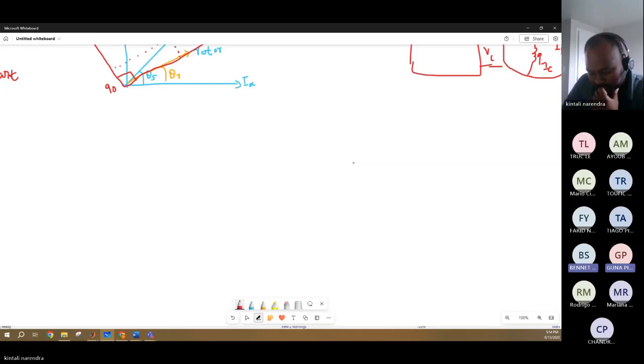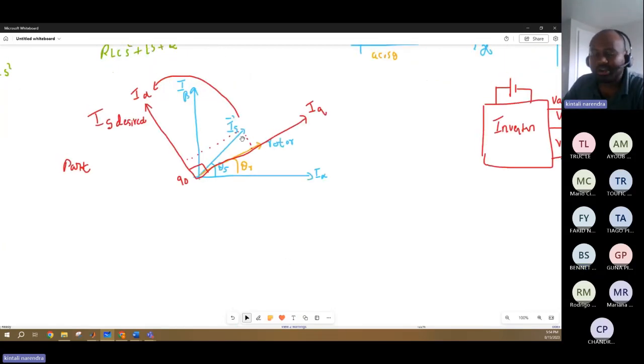Based on IA, IB, IC, we know the angle of the IS, the stator. So all we have to do is apply this IA, IB, IC at 90 degrees to whatever the sensor reads out for the rotor. But how it is done? I only told you the logic of what needs to be done. I didn't say how it is done.